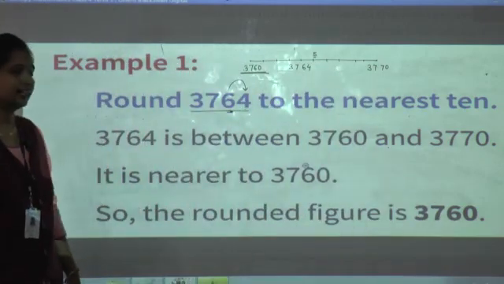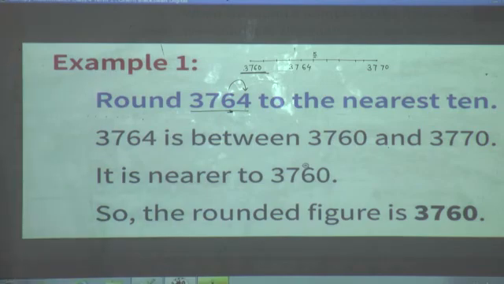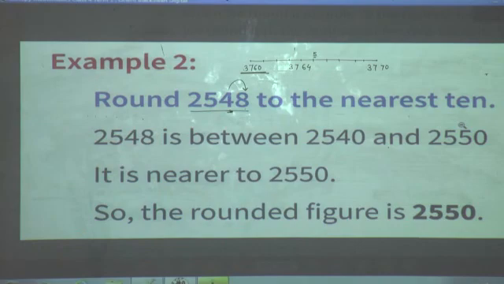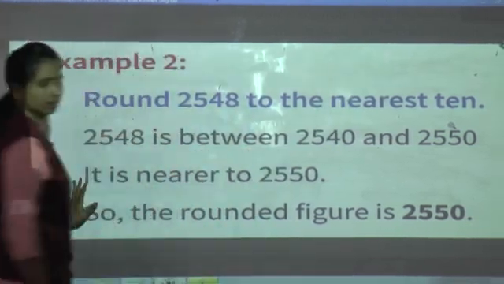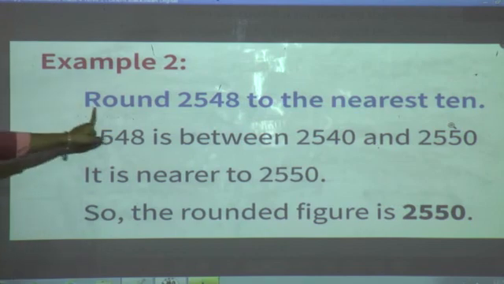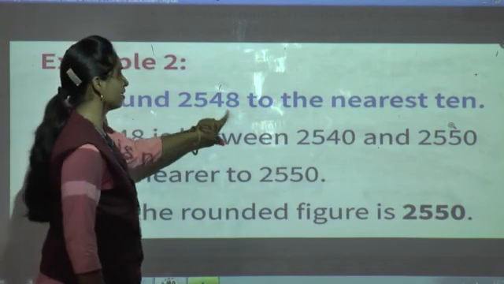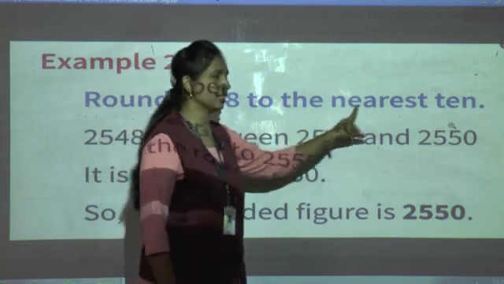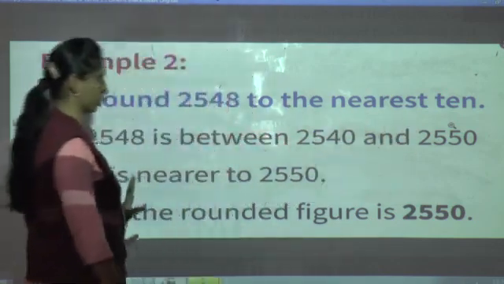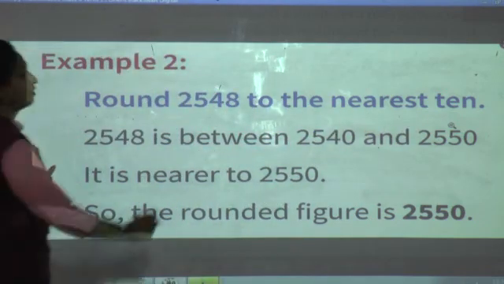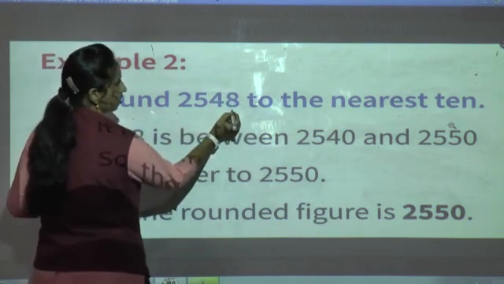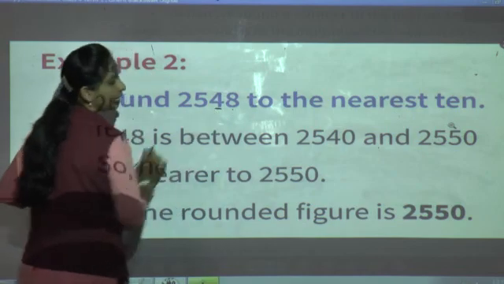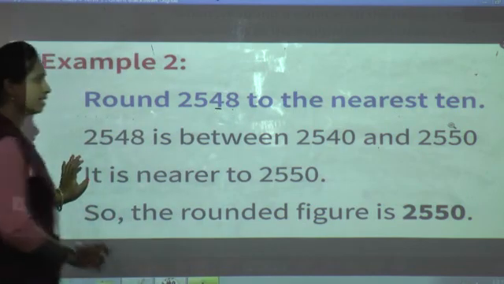Understood? Clear? Yes. Now let us see one more example. Example number 2 is round 2548 to the nearest 10. Same question, nearest 10. First find the tens place value in this number. This is ones, this is tens. What is in the tens place? 4.